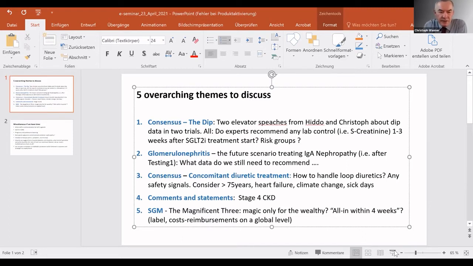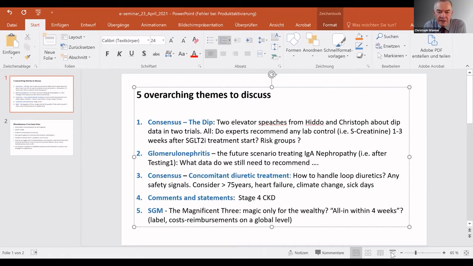So you see the 5 overarching themes to discuss. You do not see the full screen, which somewhat is not working in the moment. Anyway, you can see it. The 5 themes. The first thing is we always get questions about the dip of SGLT2 inhibitors and whether there is harm.